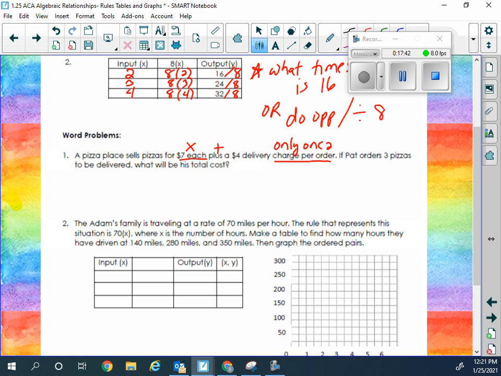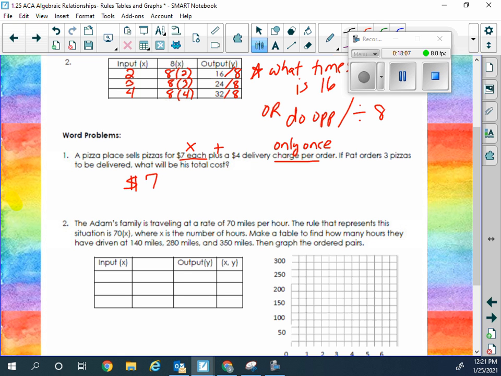Okay. So now, if Pat orders 3 pizzas to be delivered, what will be his total cost? Well, if it's $7 for each pizza, first of all, that would be $7 for each pizza.